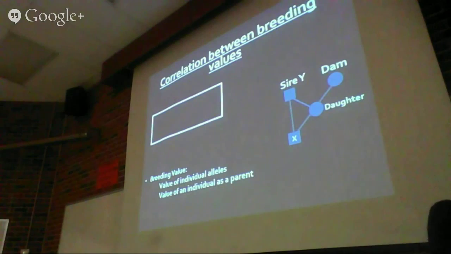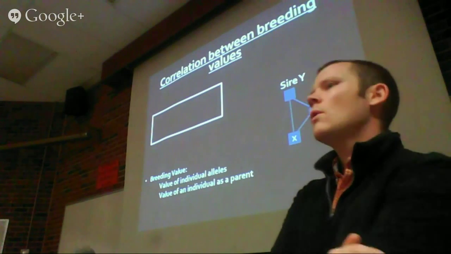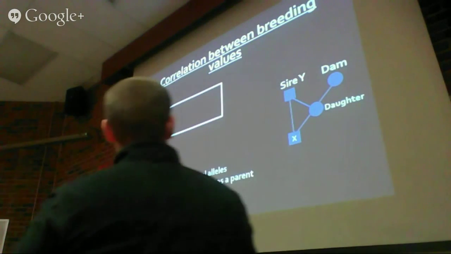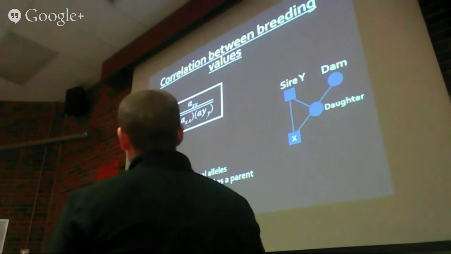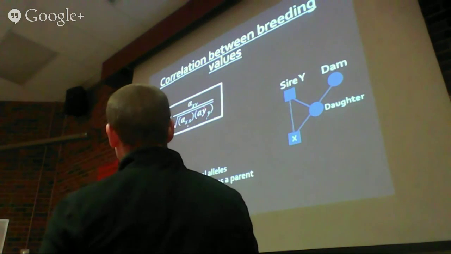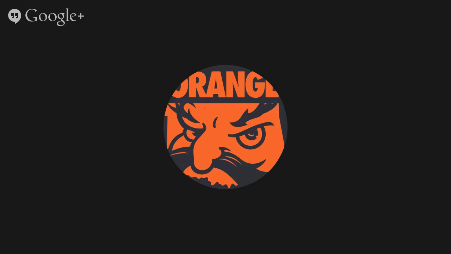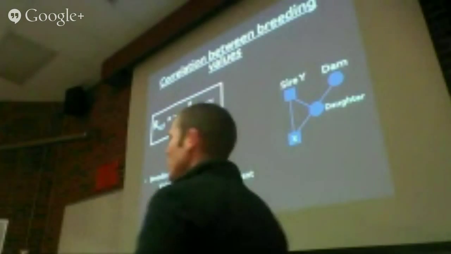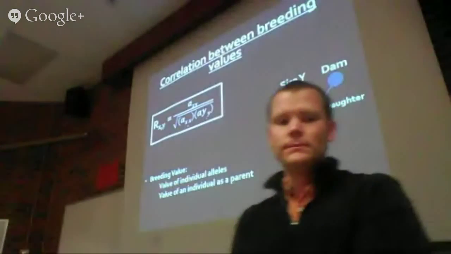So the last thing we're going to talk about is correlation between breeding values. So a breeding value, we said, is the value of individual alleles or the value of an individual as a parent, right?